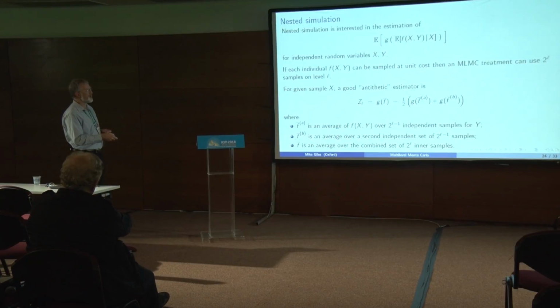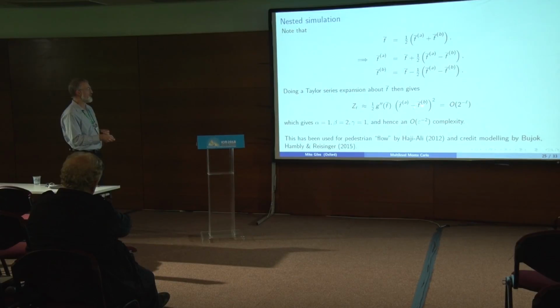And because of the averaging here, the averaging will differ from the true expected value by something proportional to the square root of the number of samples. But when I square that, then that's going to give us an error that's behaving like 2 to the minus L. So what are we going to get?